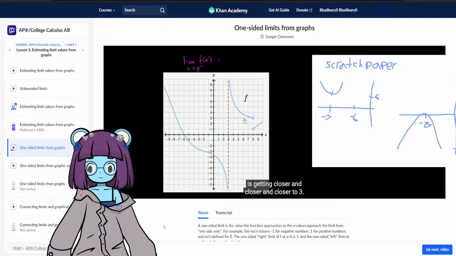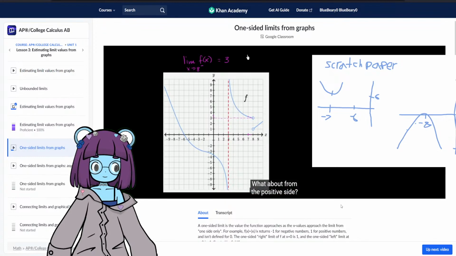Closer to 3, and then from the right it approaches 1. But the limit as x approaches 8 should be, does not exist.